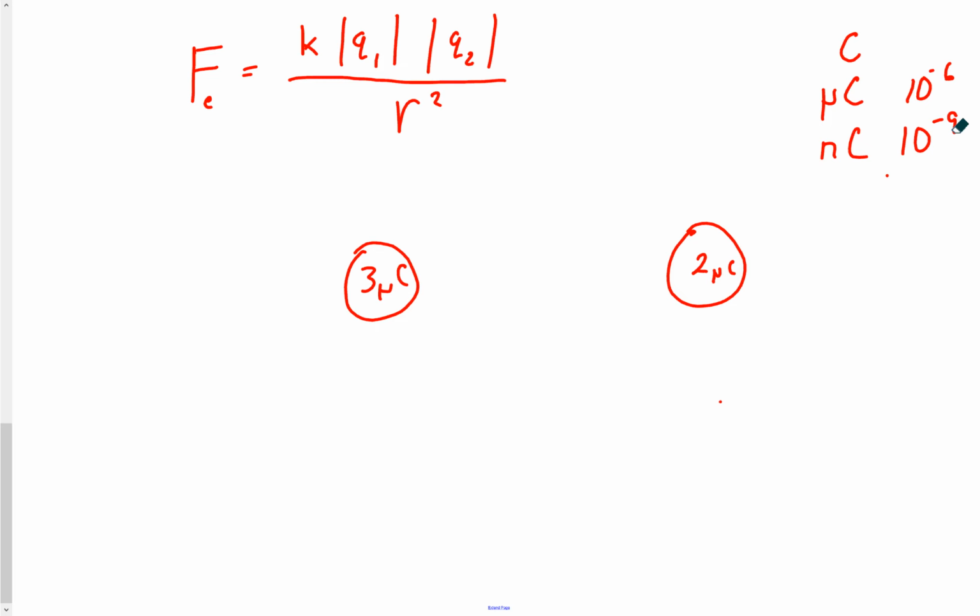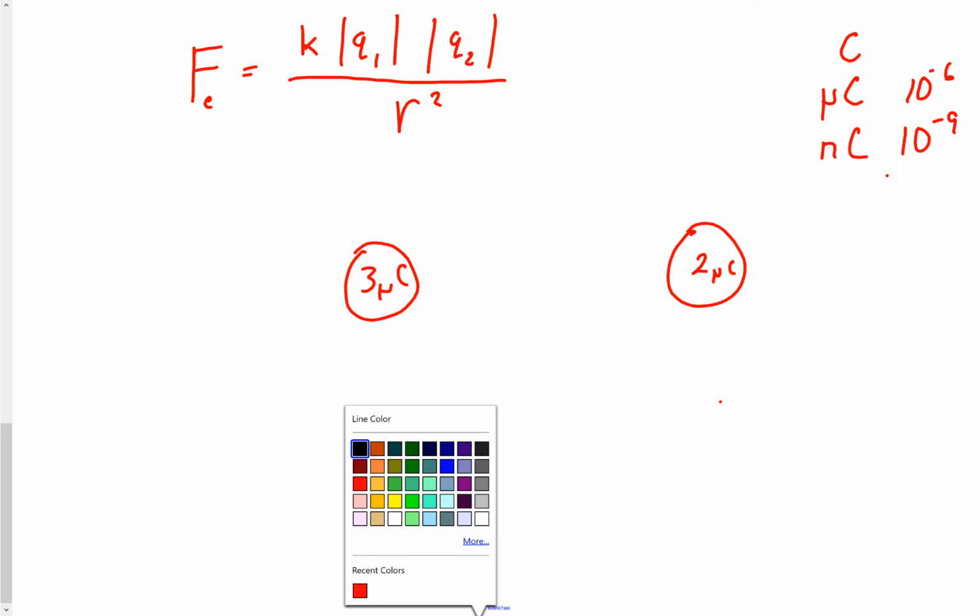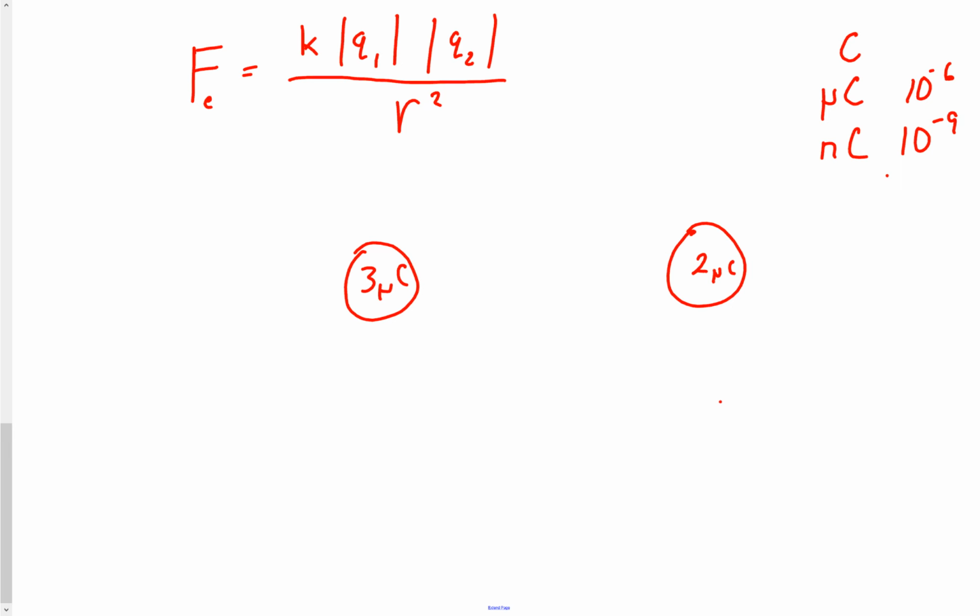But essentially, the only purpose of the positives and negatives, let's assign these a charge. Let's say the 3 is a positive 3 micro Coulomb charge, and the 2 is a negative. In terms of solving the problem, if we wanted to plug into this equation and actually find the force, the positive and negative have nothing to do with that.